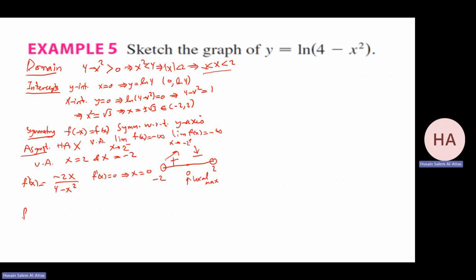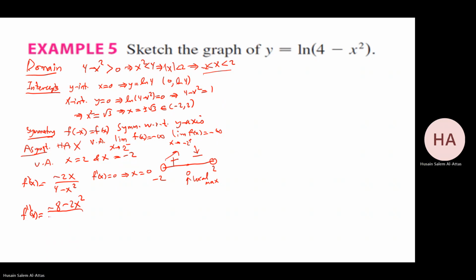We'll check f double prime. I'm getting what? F double prime, if we do the calculation, is -8 minus 2x squared over 4 minus x squared, all squared. No need to waste time doing the calculations; you can do it, but this is the answer.